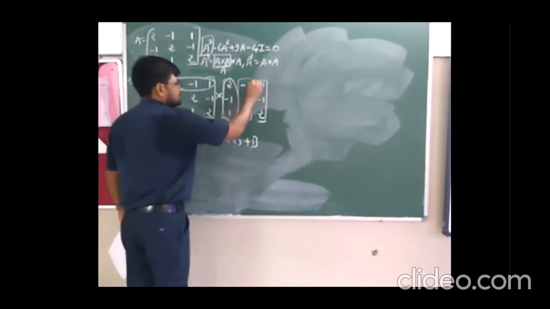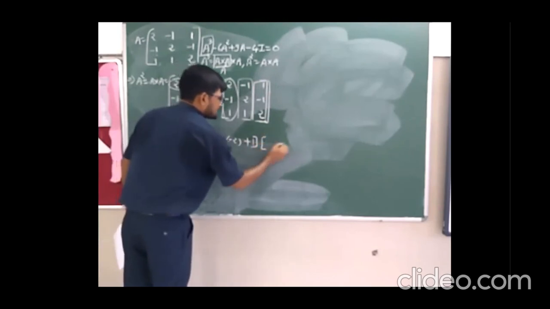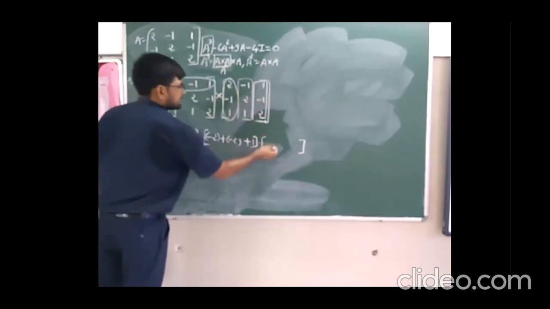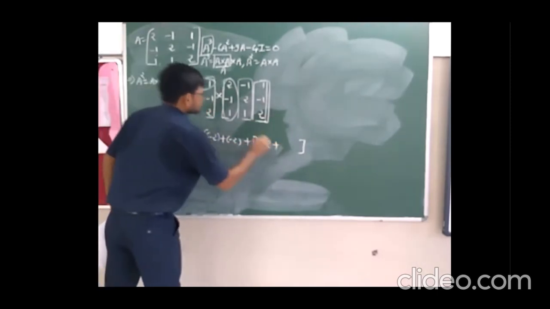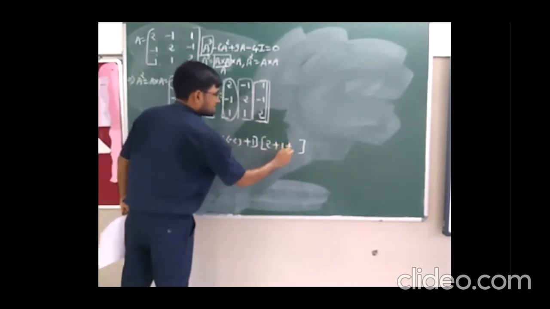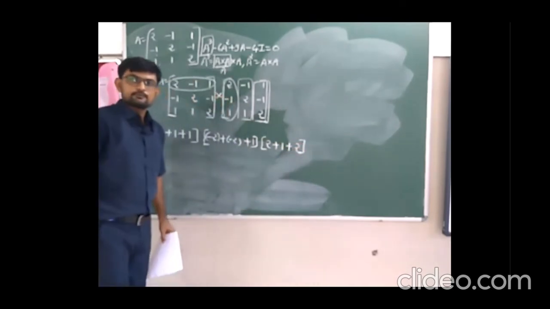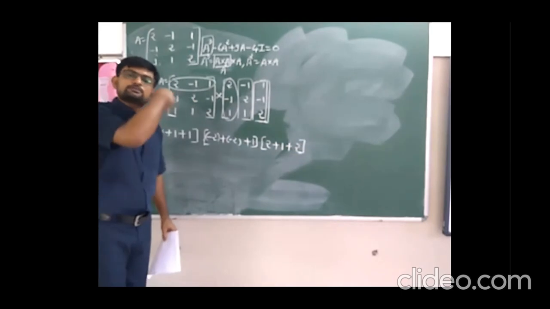Then we'll multiply the same row with third column. Okay, so we'll write in third column first element into first element, 2, plus second element into second element, minus into minus plus 1, plus third element into third element, 2. So this is what the multiplication of first row with all columns.